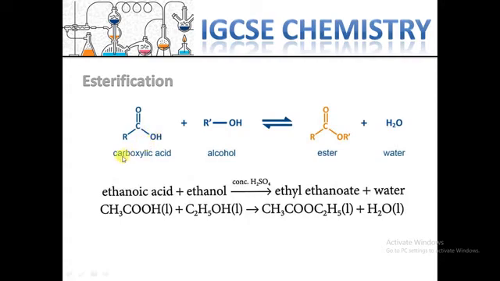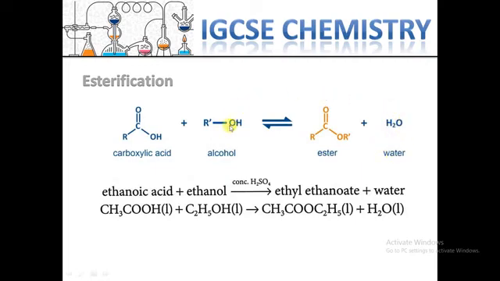So when carboxylic acid leaves the hydrogen, it can receive another carbon chain, R', from alcohol. Then it can be converted to ester form. The rest would be water.